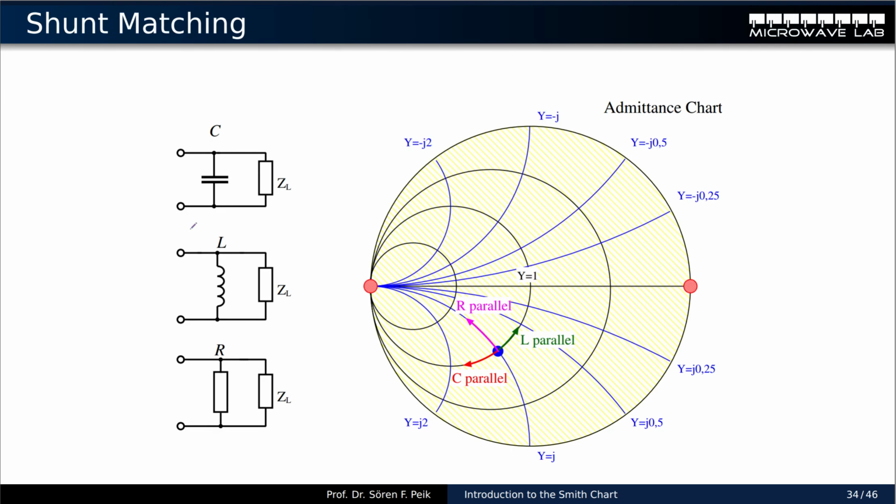When you do the same in parallel, you move on the admittance chart, the blue chart. An L in parallel, the real part stays the same, so you go up here with the negative value because now it's negative in the top, and putting a C in parallel moves it down that circle, and putting an R in parallel moves you along that band. You can also see the extremes.